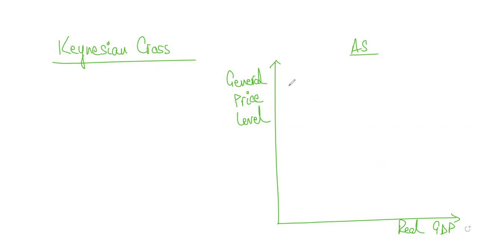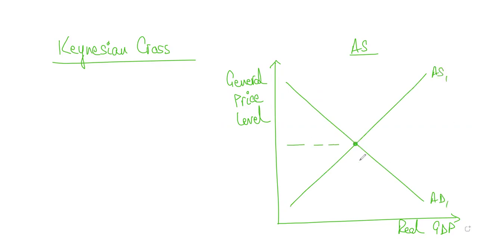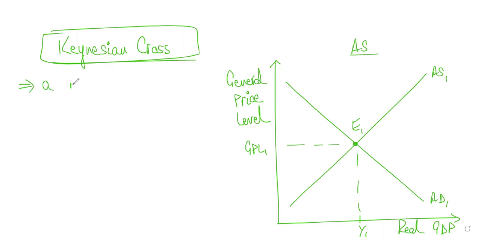Downward sloping used to be your aggregate demand, and upward sloping used to be your aggregate supply. Wherever aggregate demand and aggregate supply of an economy were equal, that was its equilibrium point. As simple as that. Any confusion so far? So this used to be your general price level, this your equilibrium, and this your real GDP. Are we good on this? In A2, when we talk about the Keynesian cross, what we'll look at is basically a model.